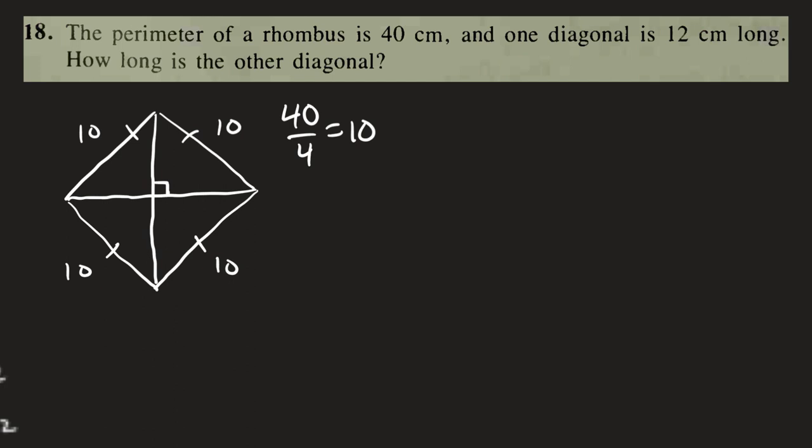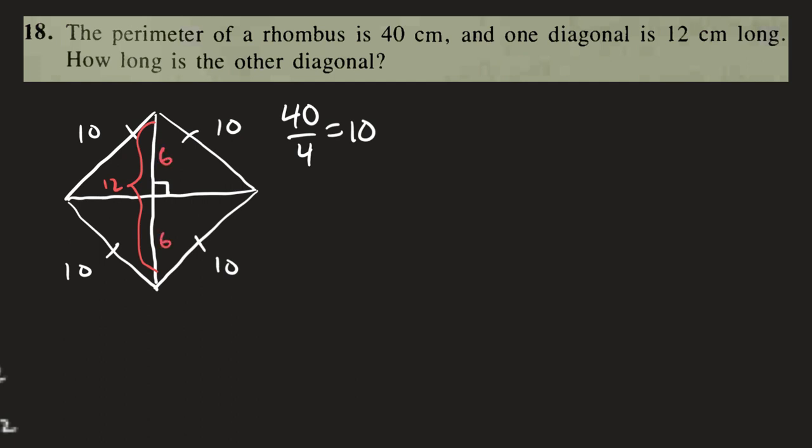So let's say that this one here is 12 centimeters long. The diagonals of a rhombus are perpendicular bisectors. So perpendicular means they meet at 90 degrees, but they're also bisectors. So if the whole thing is 12, that'll split it into 6 and 6.